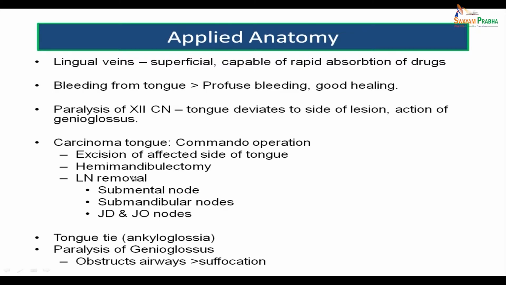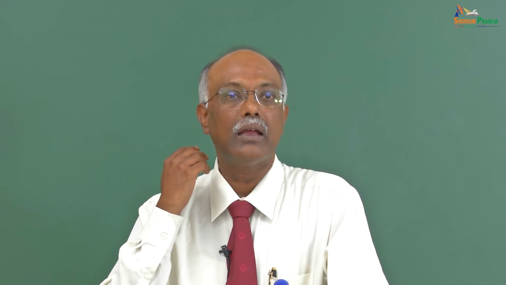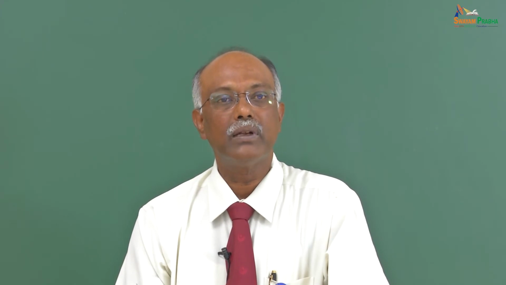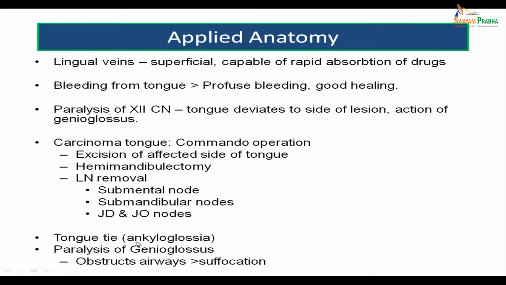There is a hemimandibulectomy, that is the mandible of that particular side is removed, and it involves extensive lymph node removal, which includes the submental lymph nodes, the submandibular lymph nodes, and the jugulo-digastric and the jugulo-omohyoid group of lymph nodes. So, this is what is called as a commando operation in which a part of the tongue is removed, part of the mandible is removed, and all the involved lymph nodes on both sides are removed.